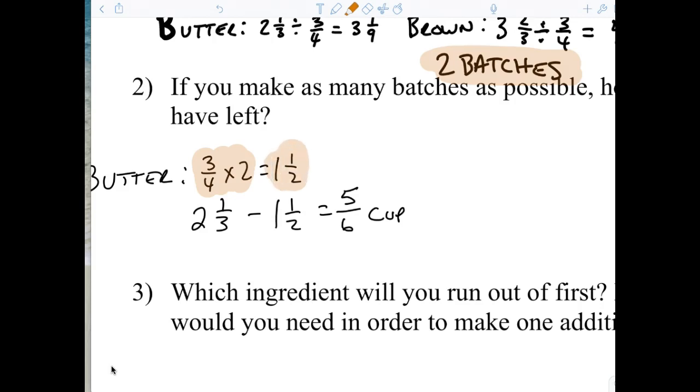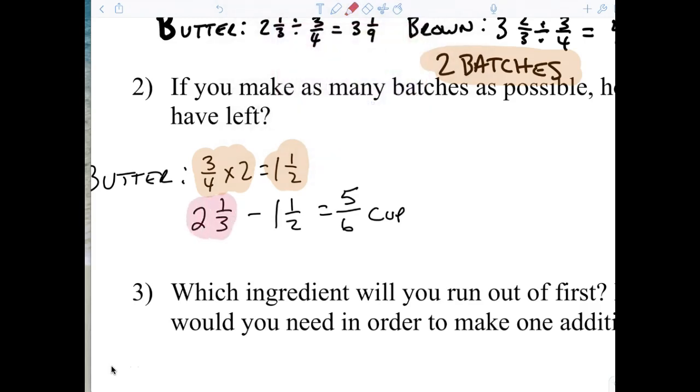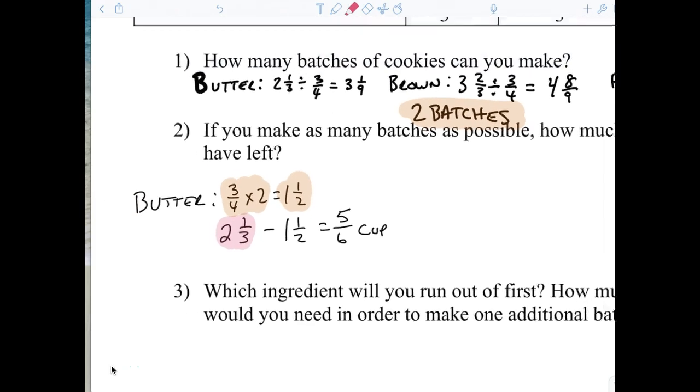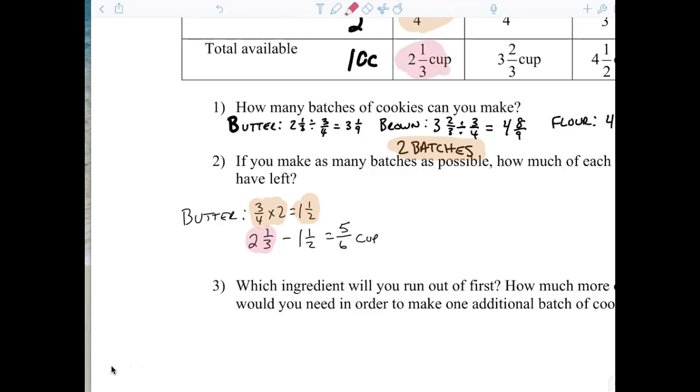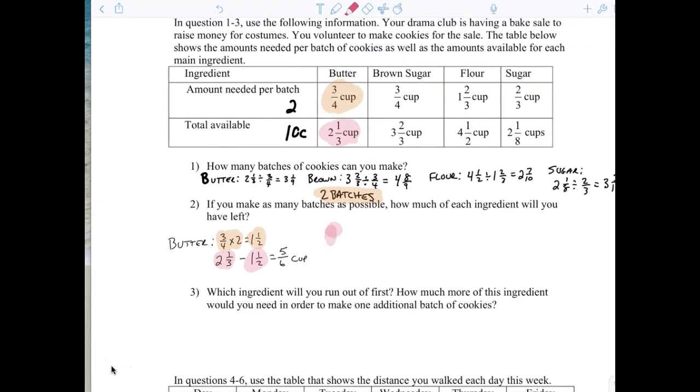How much should I start with? I started with total available. You with me now, right? And I used what? And you just subtracted that? Exactly. Come on now. It's got to click. All right, that's how much butter is left. Everybody good with that?